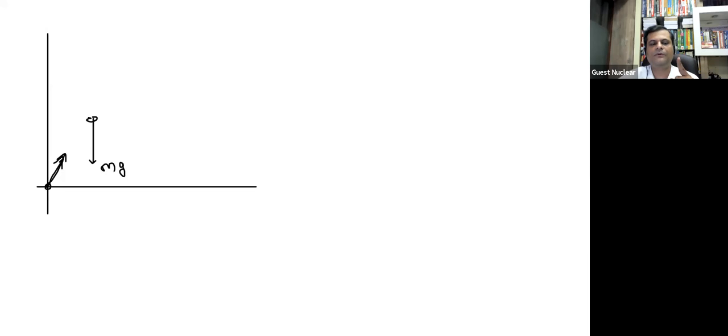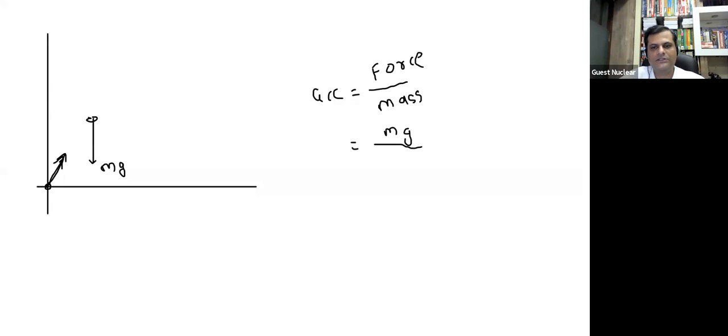And because of this force the acceleration of this body will actually be equal to the force divided by mass. करेक्ट है. ये हमारा फॉर्मूला है. Acceleration is always equal to force upon mass, right? So if we try to find this acceleration here then we can get simplified it as अभी देखो force कितना है यहाँ पे. It is same as the weight of the body which is mg and that is to be divided by the mass which is m.